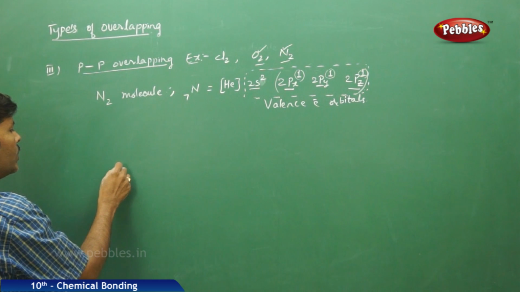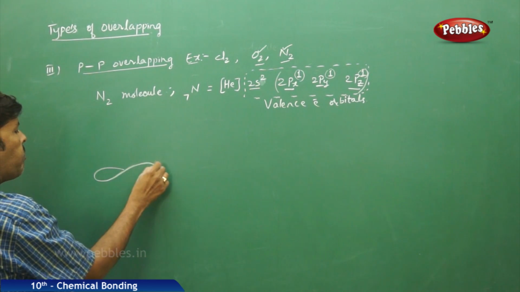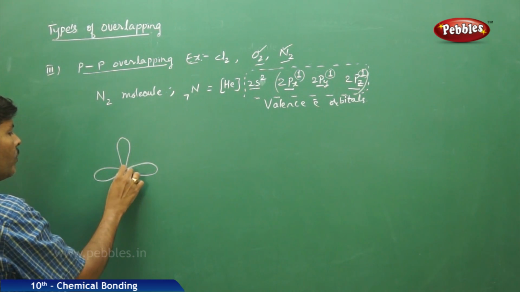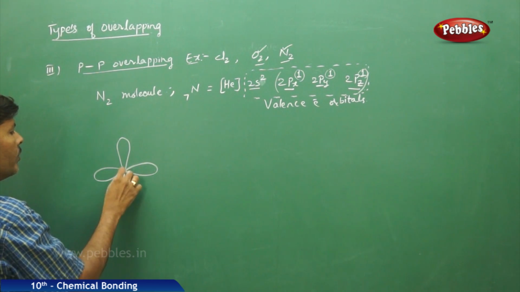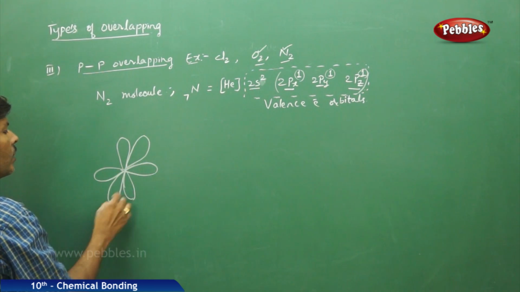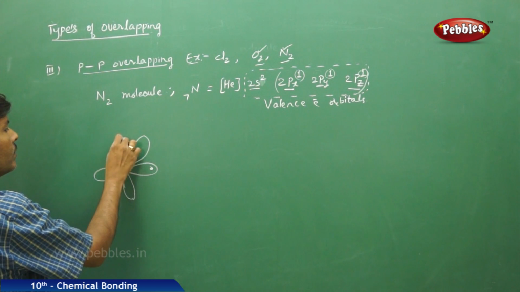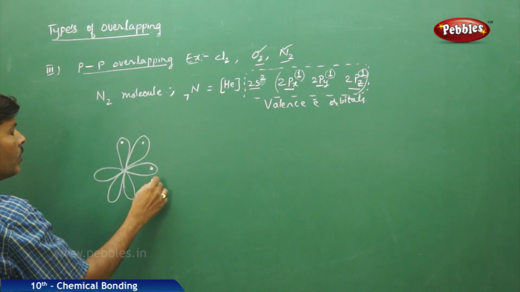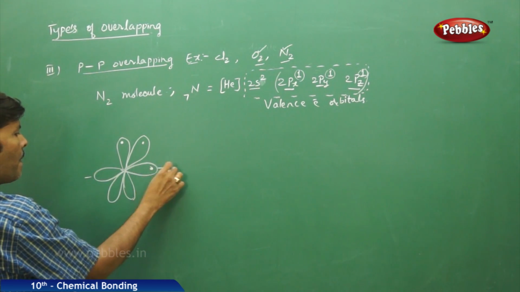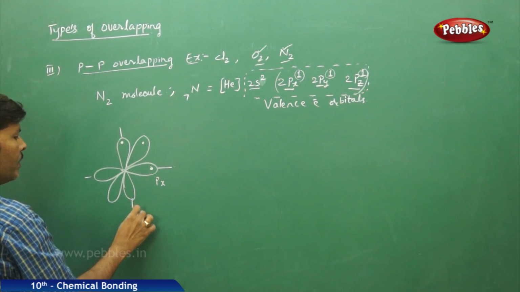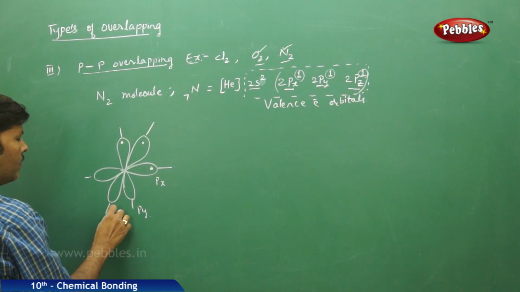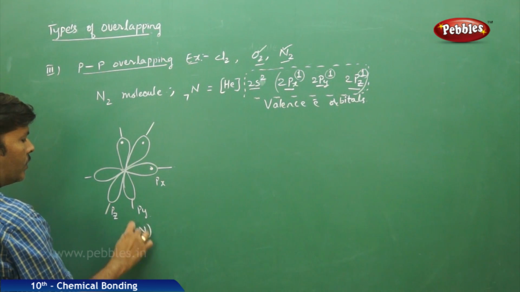So you take the first nitrogen, here you have 2px, this is 2py atomic orbital, and this is 2pz atomic orbital. I'll write it simply as px, py, this is py, and this is pz of the first nitrogen.